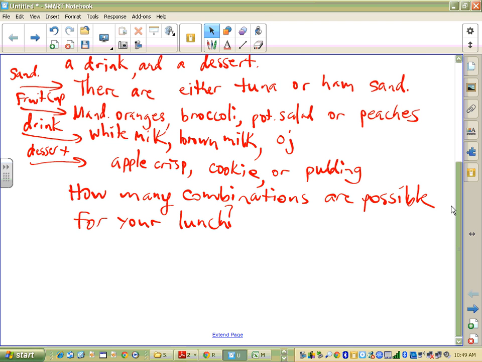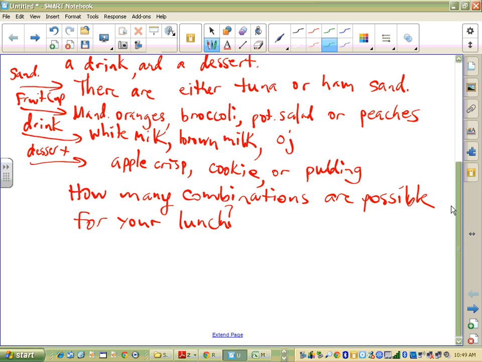The fact that they use the word combinations is intended to mislead you. It's not cool. It's not fair. But it's intended to mislead you because in a minute we're actually going to use combinations. But how many combinations are possible for your lunch?